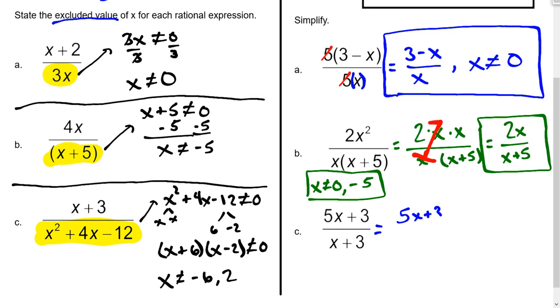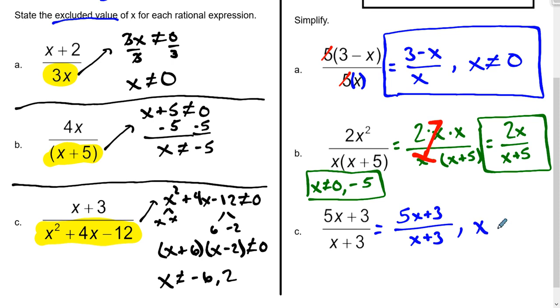It's just 5x plus 3. All right, so then in the denominator, we've got an x and we've got a plus 3. Well, there's no common factor there, so x plus 3. So yeah, that's just the answer. It's already in simplest form. Huzzah, okay? Less work for you to do.